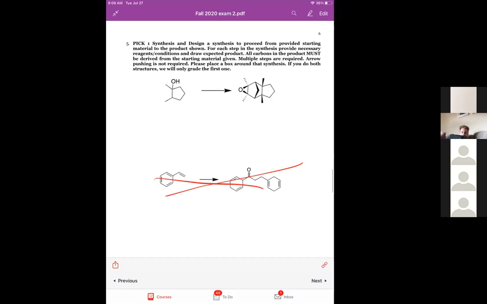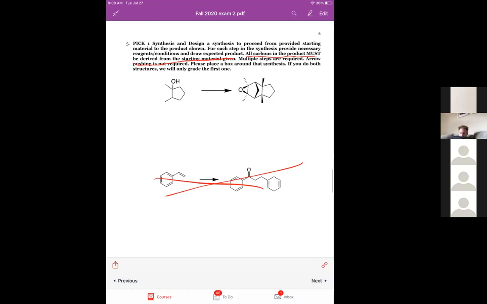But we do know how to do this first one. This is similar to the synthesis we talked about today in class. If you read the instructions, all carbons must be derived from the starting material. So we're going to have to make both the diene and the dienophile out of the starting material.